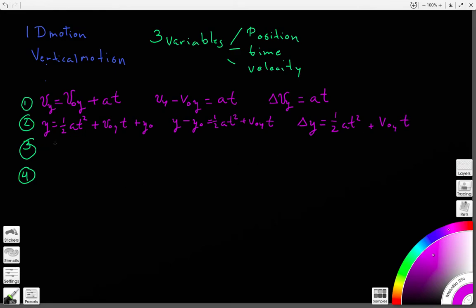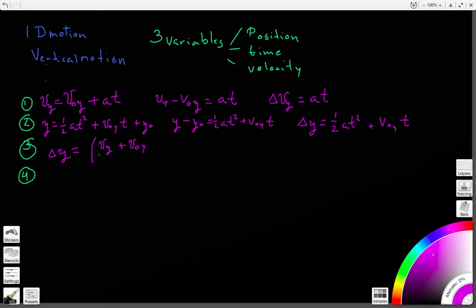My third equation is delta y, and this equation is obtained by substituting this equation into this equation. So delta y is equal to, you can do the math by yourselves, I don't want to waste time on that right now, (Vy plus V0y) over 2 times t.